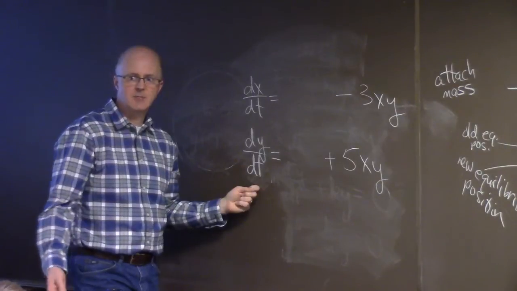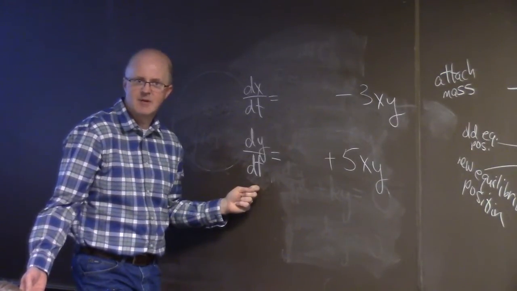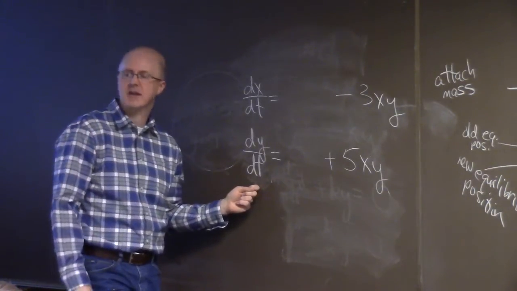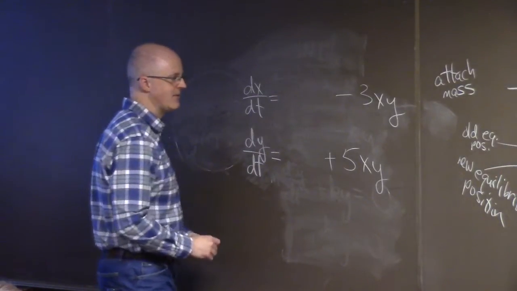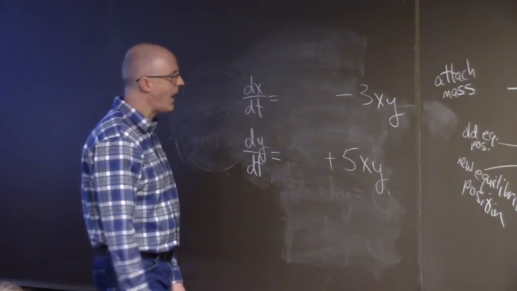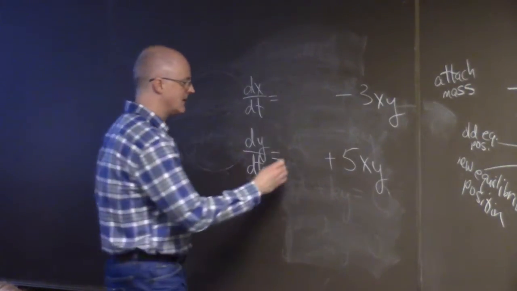Now, you might say, couldn't the predator have other food? Well, yeah, but let's keep things simple. We're only thinking about these two species, and the predator only eats the prey and nothing else. If there's no prey, if X is non-existent, we want the Y to die off. That would make sense because they don't have any food.